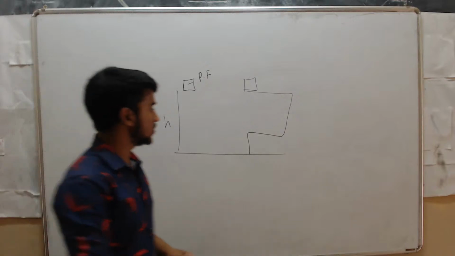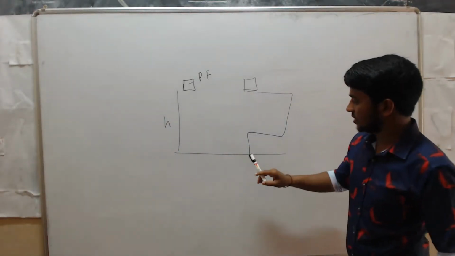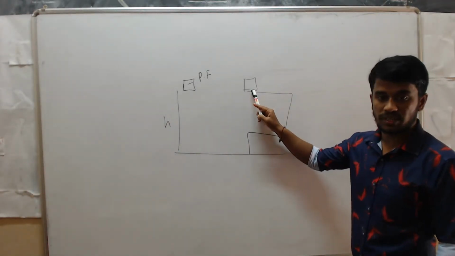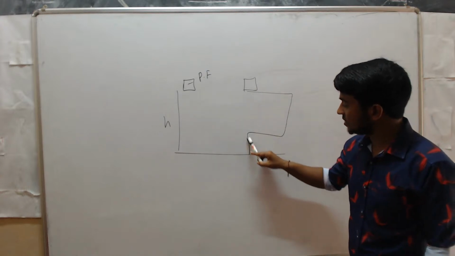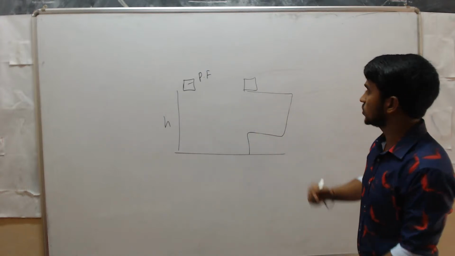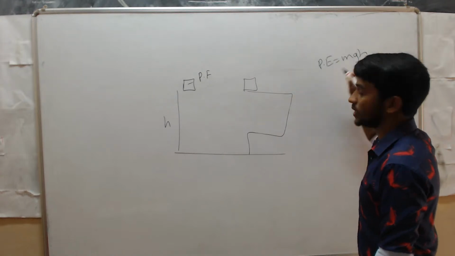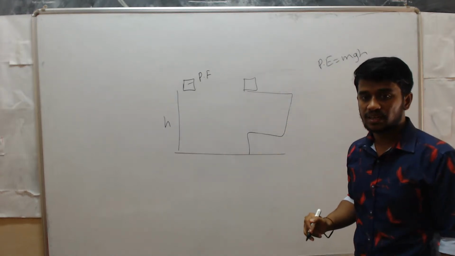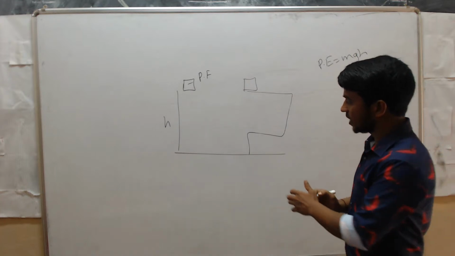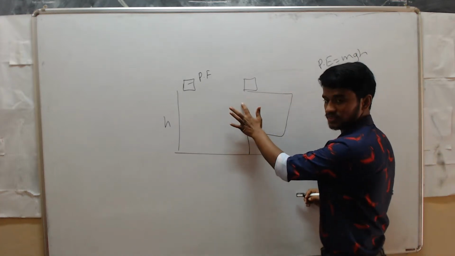Here also, this is the path of the object, but we won't take this height. To calculate potential energy we know the formula, m into g into h. Here you have to take the height, right? So we can't take the path length like this.